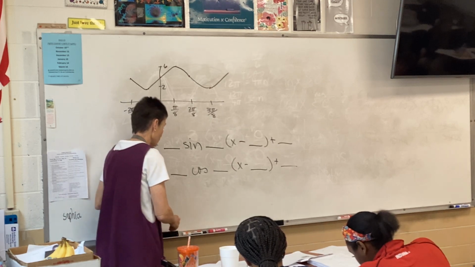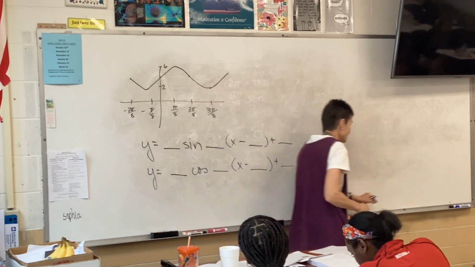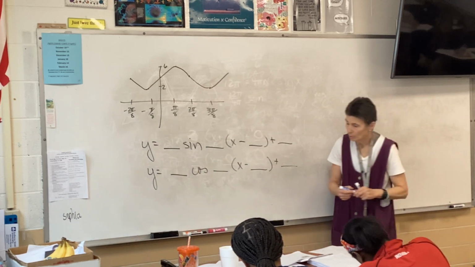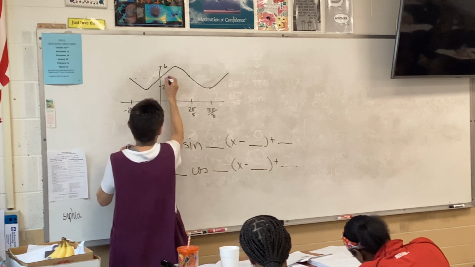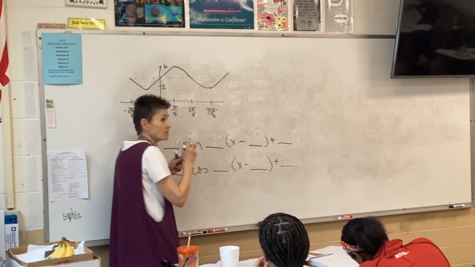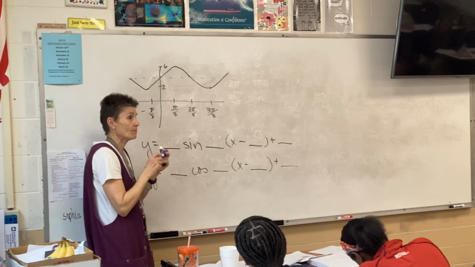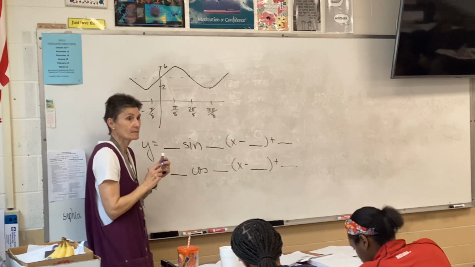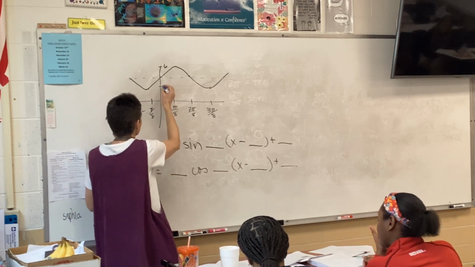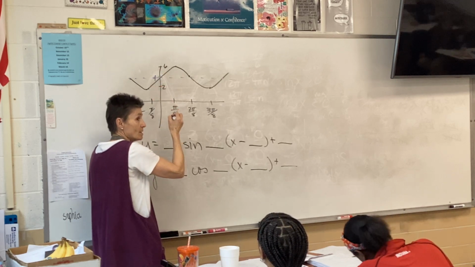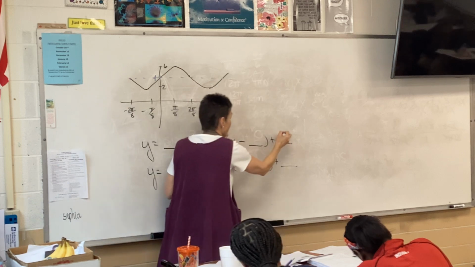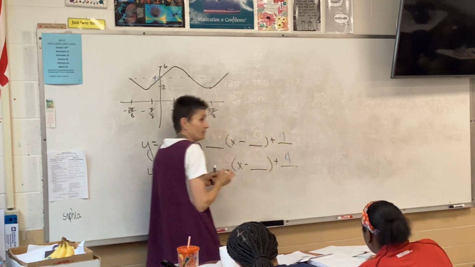There is a vertical shift. So to kind of help myself, I think I'm going to put in my new axis. Does that make sense to you, that that would be the axis now that it's oscillating across? Yeah. And where is that axis? What's this label right here? 4? So that means that my picture has moved up 4.